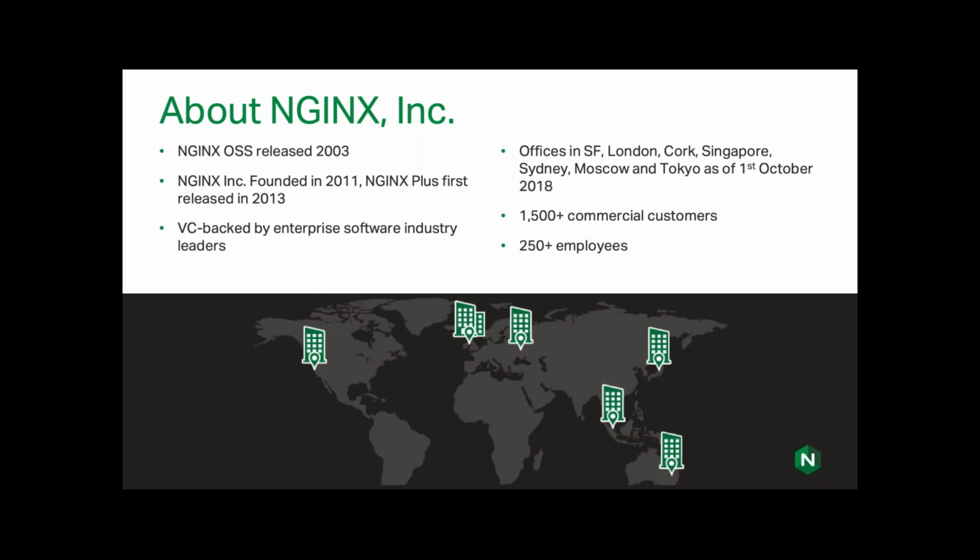We've recently gone through our Series C round of funding with Goldman Sachs for $43 million. We have offices that span the globe now. More recently, we opened up Tokyo on the 1st of October. There's over 1,500 customers today using our commercial products, and we have a little over 250 employees.